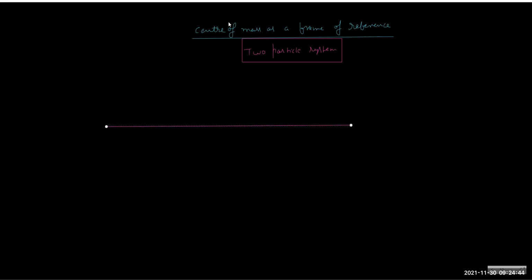So imagine we have two particles. Let's say the mass is m and this mass is 2m. If I divide the distance into 3 equal parts, then the center of mass will be here, right?